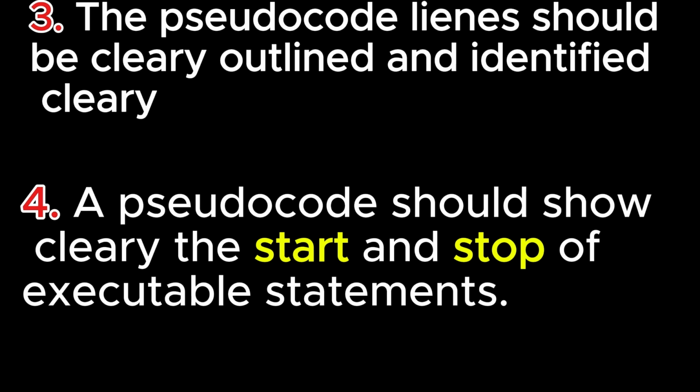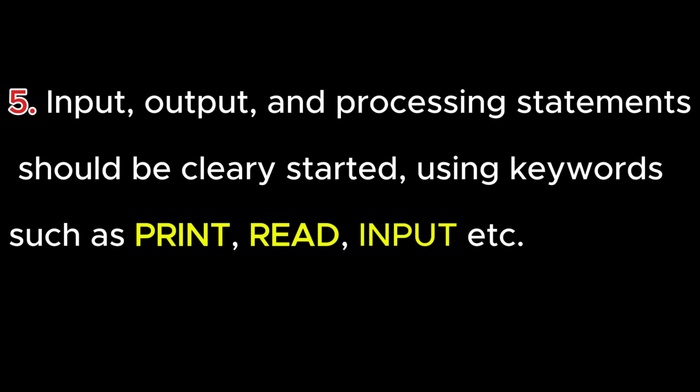The fourth one, pseudocode should show clearly the start and end of execution. As I told you, pseudocode must start with START or BEGIN and end with STOP or END keywords.